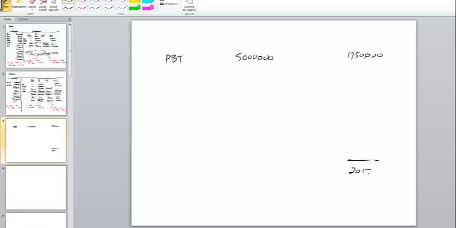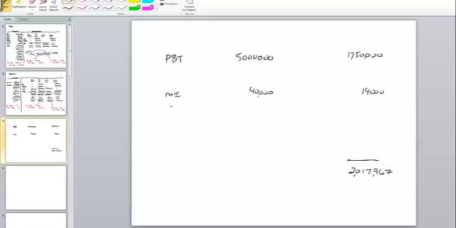But I'll just tell you that it is $2,017,967. And we know that there's a meals and entertainment item in here for $40,000. So that's $14,000 at 35%.